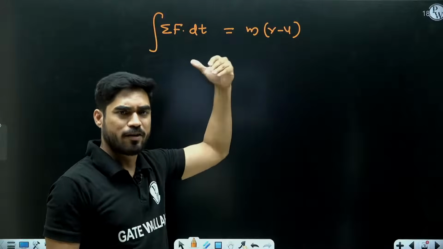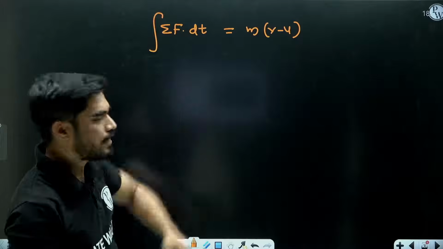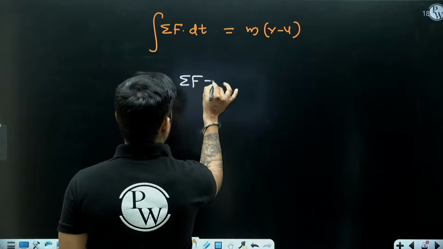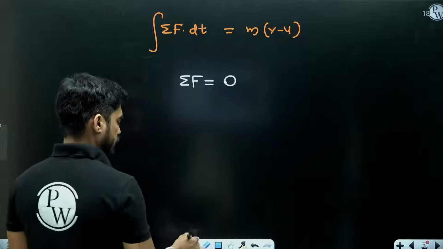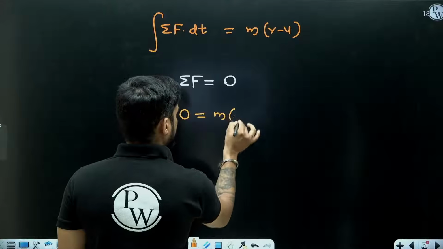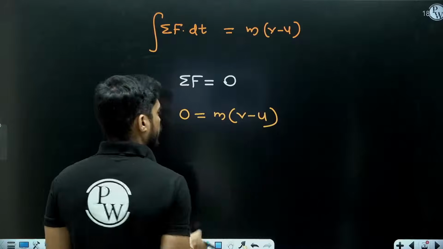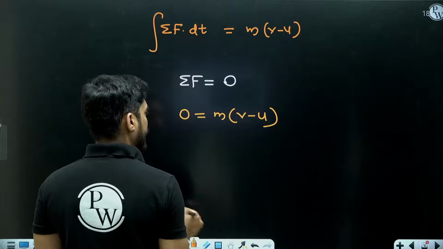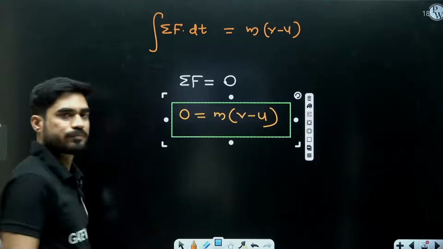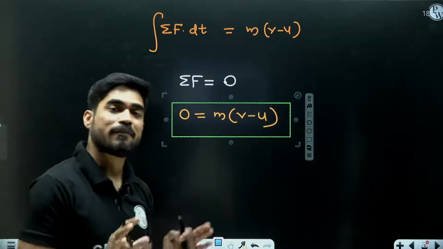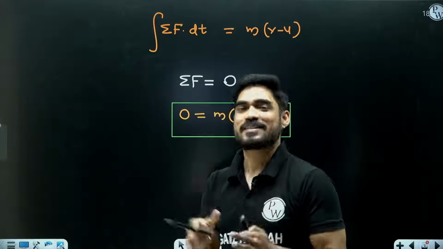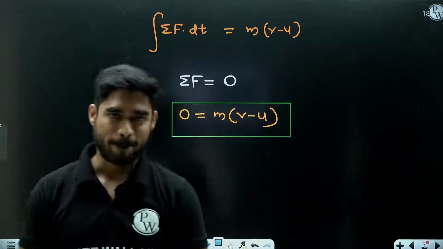So the velocity of the body will change from u to v. But what if this net force is 0? It means the change in momentum will be 0, right? The change in momentum will be 0, means the momentum will be conserved. So here comes the concept of conservation of momentum.